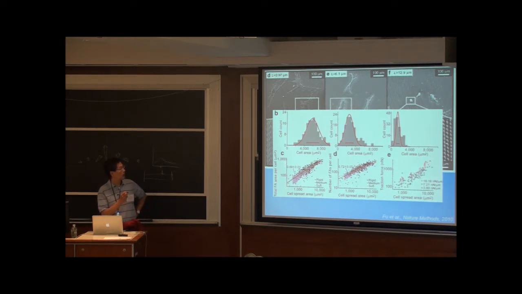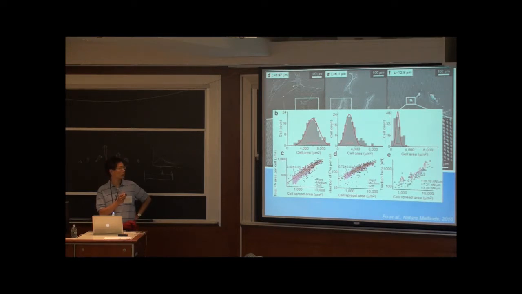But if we graphed the amount of focal adhesions that they made for every cell, what we found is that regardless of whether they're on rigid, medium, or soft, what predicted how many focal adhesions they formed was how well spread they were. So as the cells were more spread, they would generate more focal adhesions.